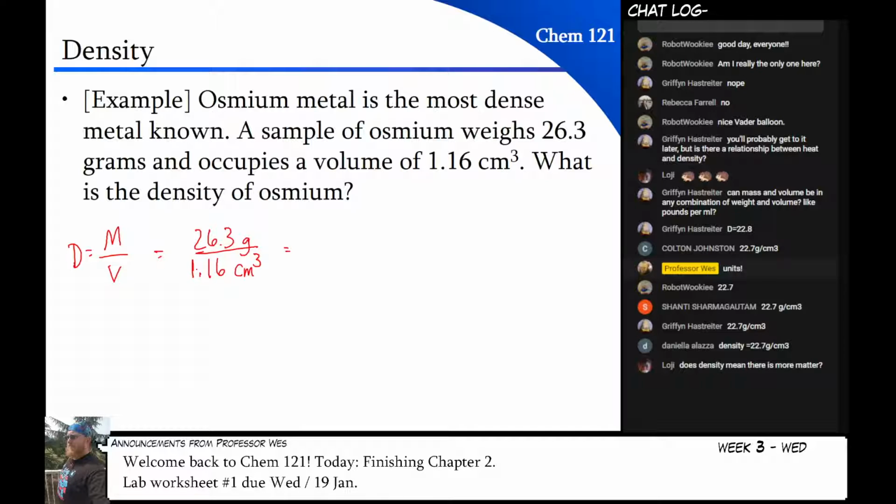And I get 22.67241379. We only get to have 3 sig figs because both these values have 3 sig figs. So the number I would report is 22.7 grams per cubic centimeter. And so that's the density of osmium.